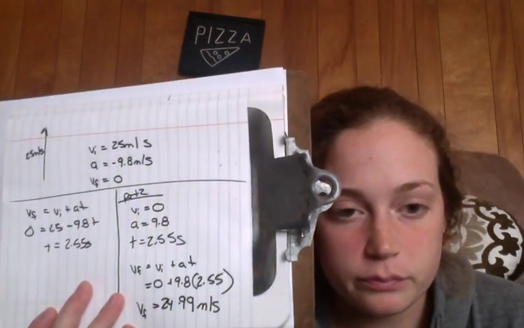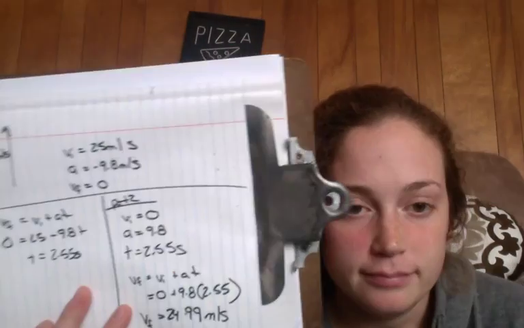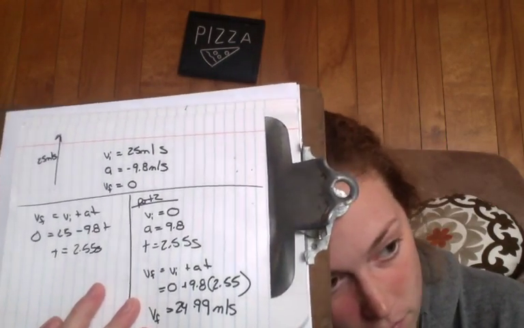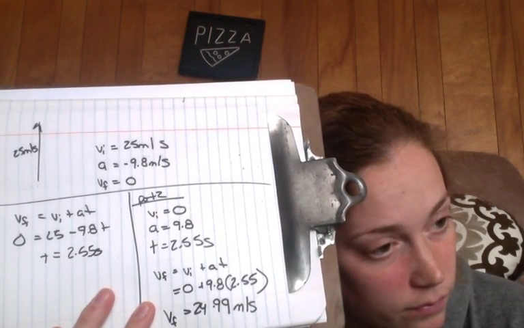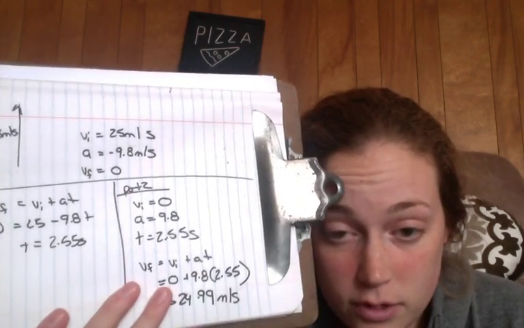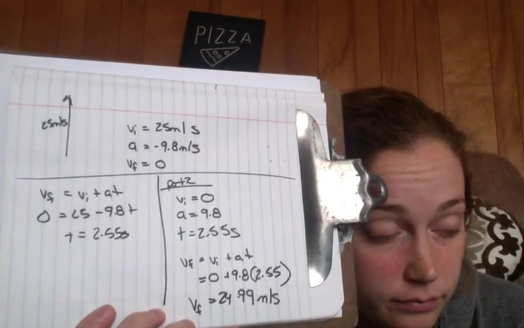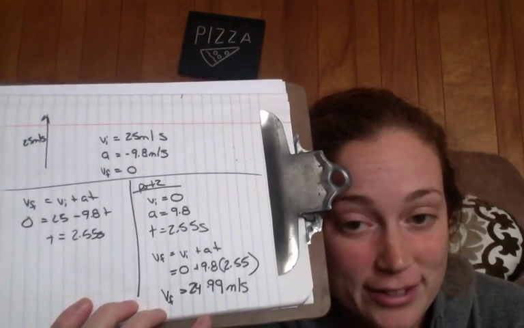Questions? Comments? Concerns? Yes, for speed and velocity at a split second are the same thing. There is only one V in the horizontal, but we're not talking about horizontal.